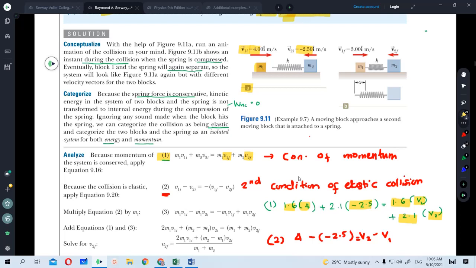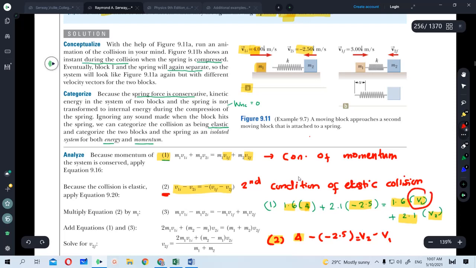Conservation of kinetic energy allows you to come up with the expression U1 minus U2 equivalent to V2 minus V1. So U1 is 4, minus 2.5, equivalent to V2 minus V1. Before you proceed, look closely at these two expressions.